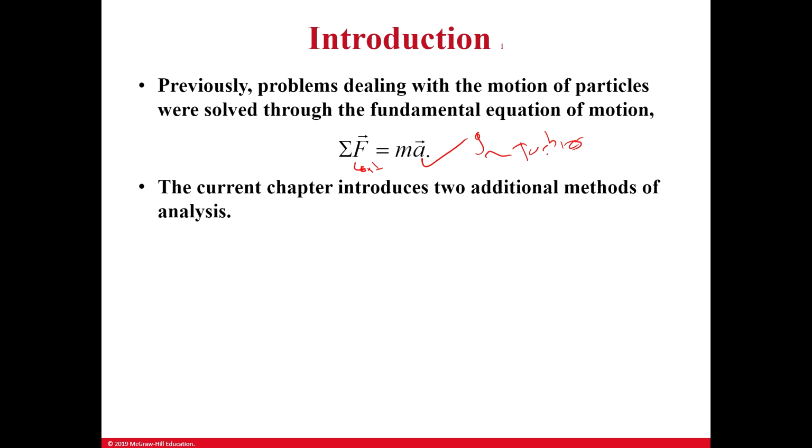Whatever is causing this acceleration, if we care about that force, we're going to study the kinetics. But if we want to know the geometrical shape of the movement, or the path of the particle, then we talk about the kinematics. That we know by now.